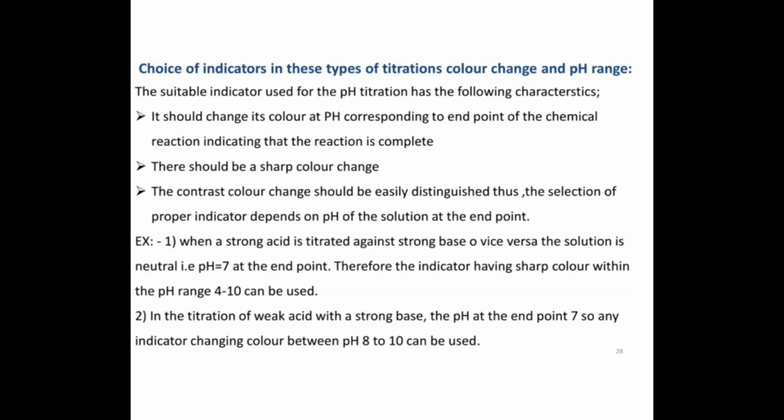And next is the choice of indicators. How are you going to choose the indicator depending on the type of reaction and the different titrations: acid base, strong acid versus strong base, weak acid versus strong base. Depending on the different titration, we choose a different pH range.